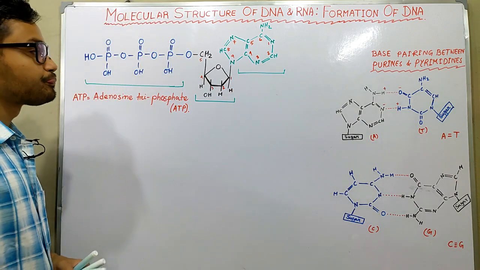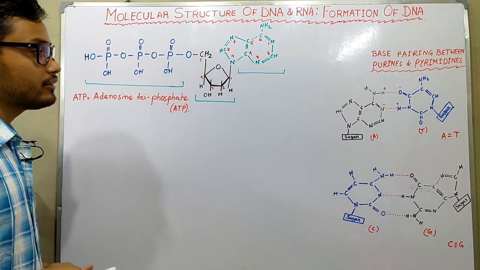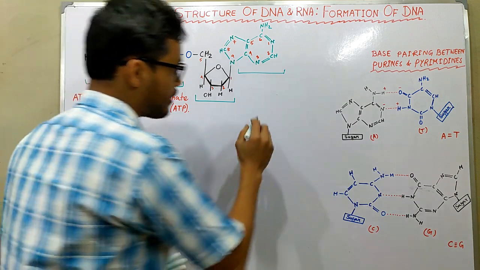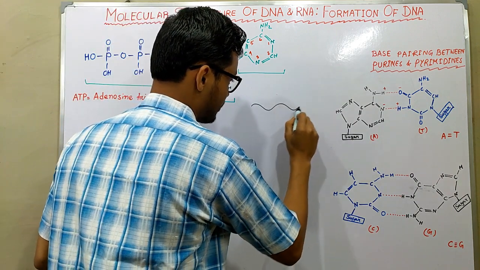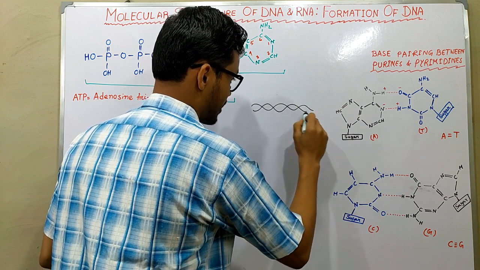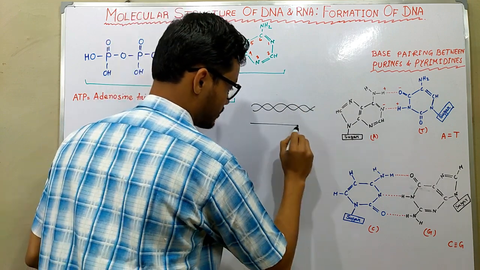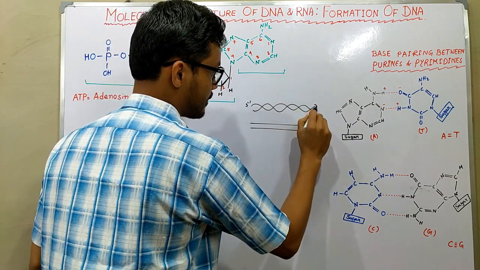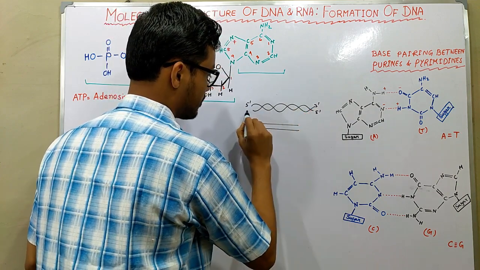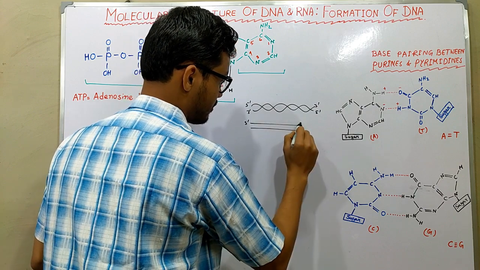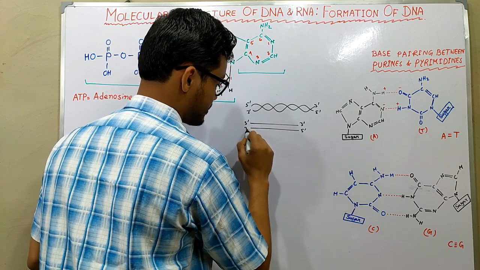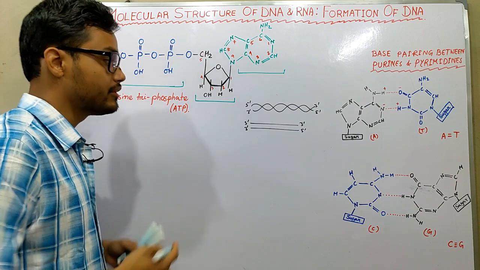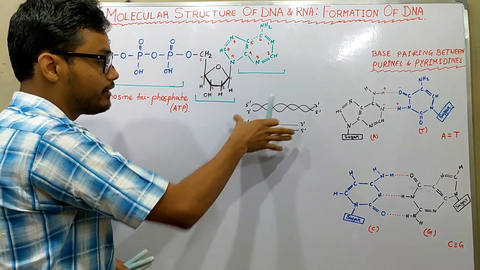So the first thing we have to learn is that when we draw a diagram of DNA, either this formation or this formation, we are always writing that 5 prime to 3 prime configuration. All are drawn in this pattern, 5 prime to 3 prime, to denote a DNA.